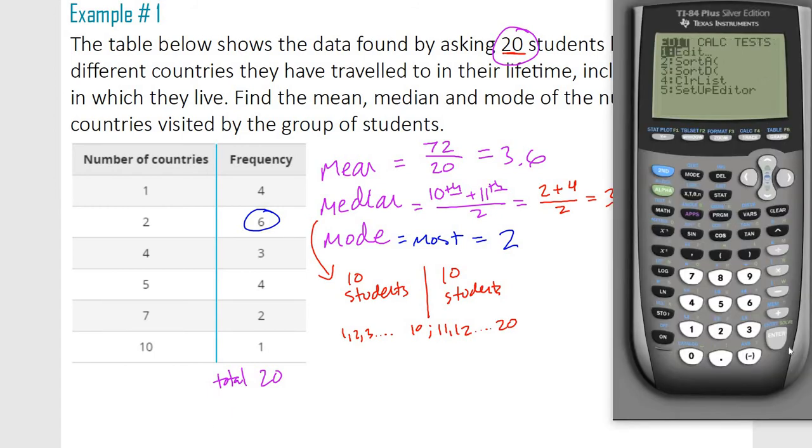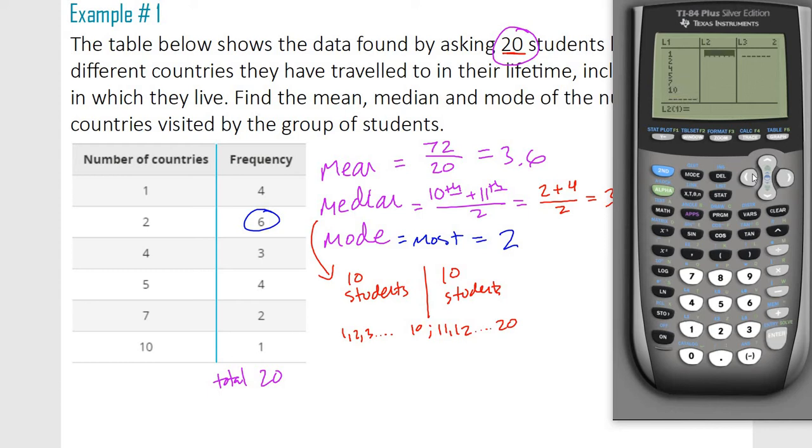Go to Stat, Edit. Here, I want to clear out my list, so go to the top, hit Clear, Enter, top, Clear, Enter. We're going to put the number of countries in the first column: 1, 2, 4, 5, 7, 10.